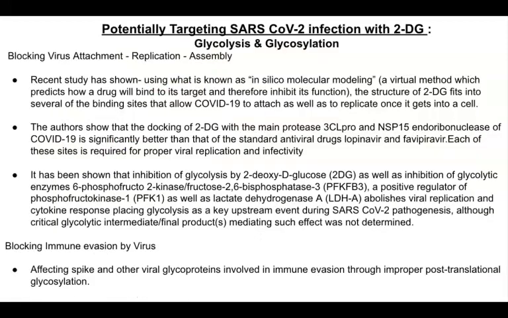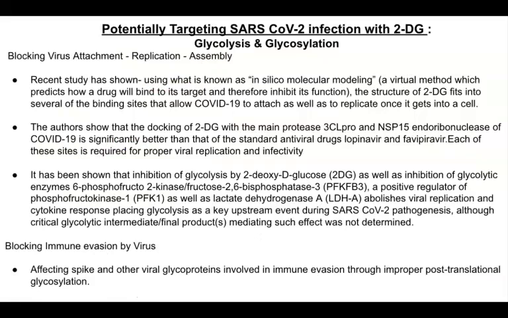Now let's summarize the actions of 2-DG in a SARS-CoV-2 infection and its potential target mechanisms. We'll start with blocking virus attachment, replication, and assembly.